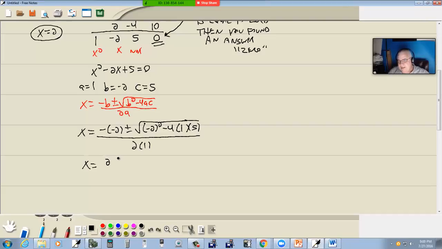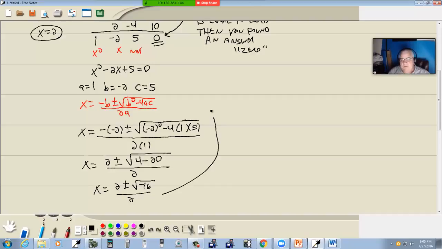Negative negative gives us positive, so we've got 2 plus or minus square root. Negative 2 squared is 4, minus 4 times 1 times 5 is 20, over 2. So that gives us 2 plus or minus square root of negative 16 over 2. If you remember from the complex numbers, the negative inside of a square root comes out as an i, and the square root of 16 is 4, so that gives us 4i.